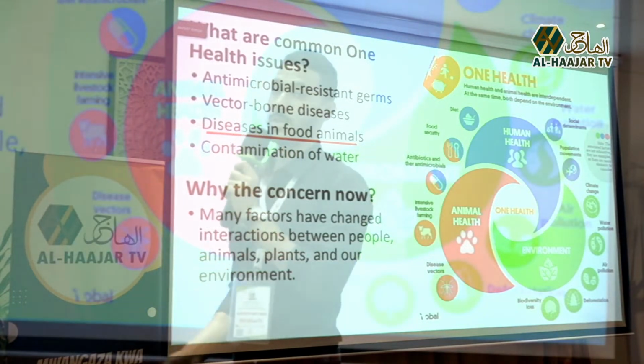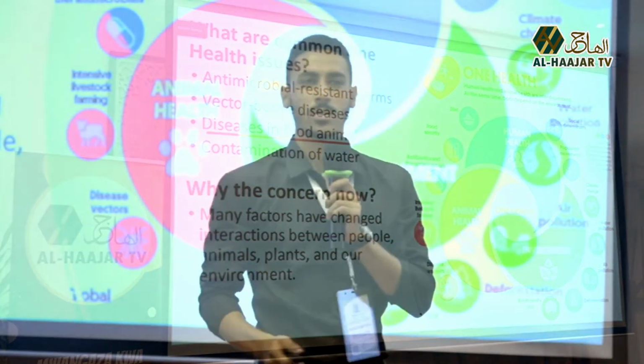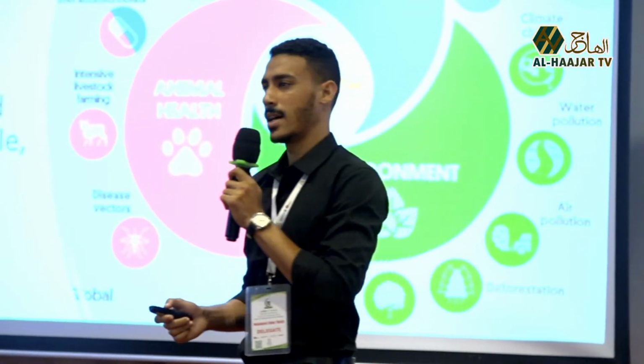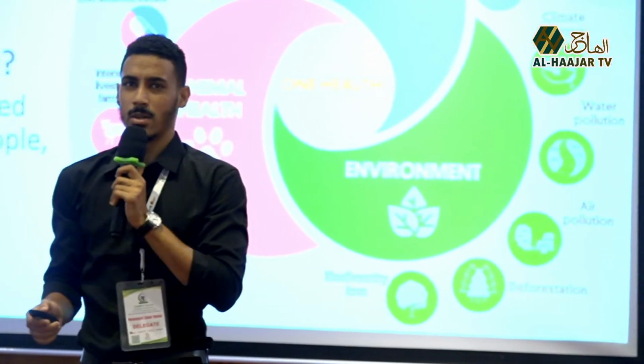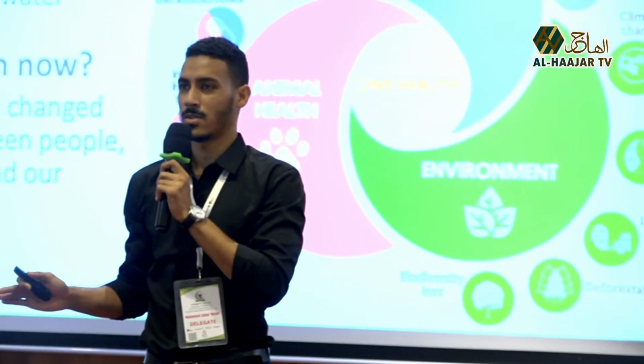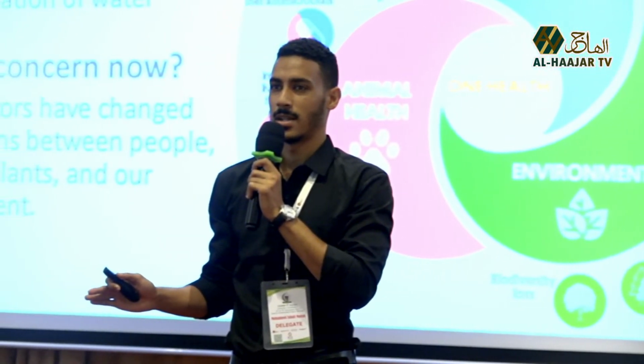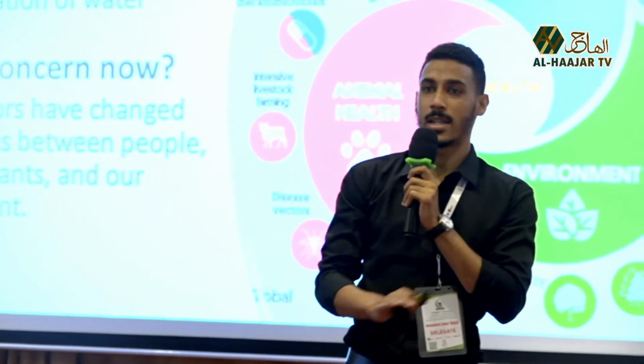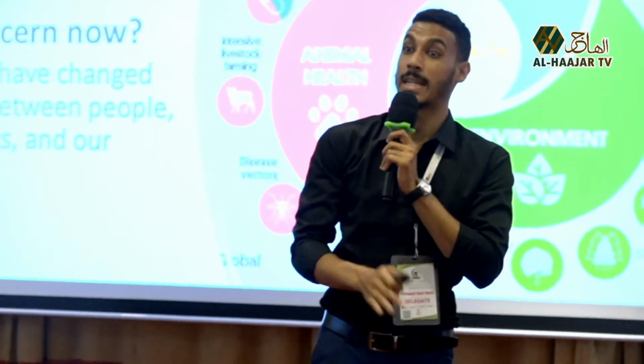We have vector-borne diseases, and this is very important. I don't know if you guys noticed, especially the guys from Nairobi, around February or March, there was a huge influx of mosquitoes out of nowhere, all of a sudden. Anyone noticed? Even if you use a mosquito coil, nothing happens. Even if you apply mosquito repellent, nothing happens.